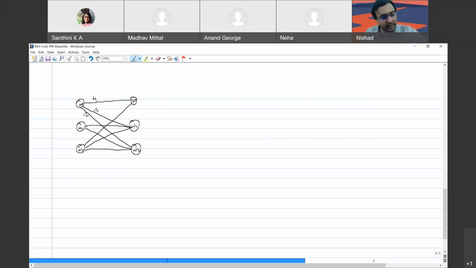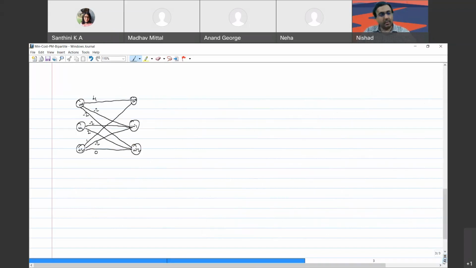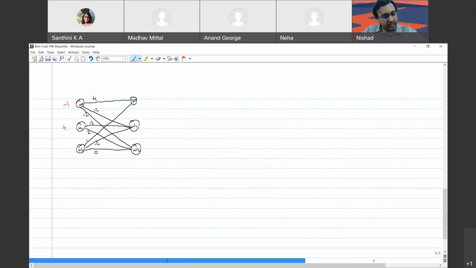And we have got minus 2 and 2. And we have got 1, minus 2, 0. 1, minus 2, 0. Okay. And let's look at our dual feasible solution that we have right now. We have got minus 1, 1, 1, and minus 1, minus 3, minus 1.